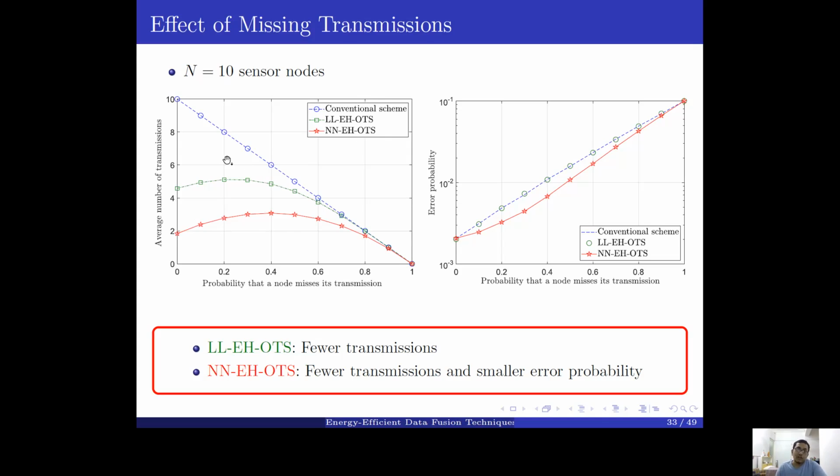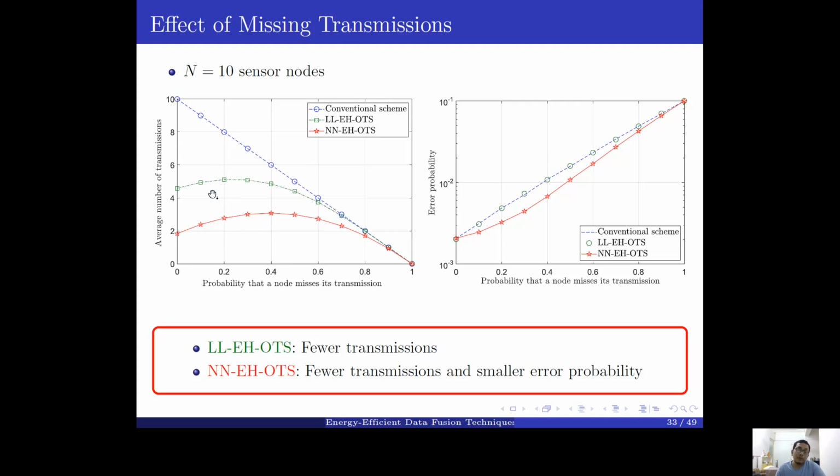You can see that both the ordered transmission schemes require significantly fewer transmissions compared to the conventional scheme. For example, when the node misses a transmission with a probability of 0.2, where the conventional scheme requires around 8 transmissions to make a decision, LLEH OTS requires around 5 transmissions, and NNEH OTS requires around 3 transmissions to make a decision.